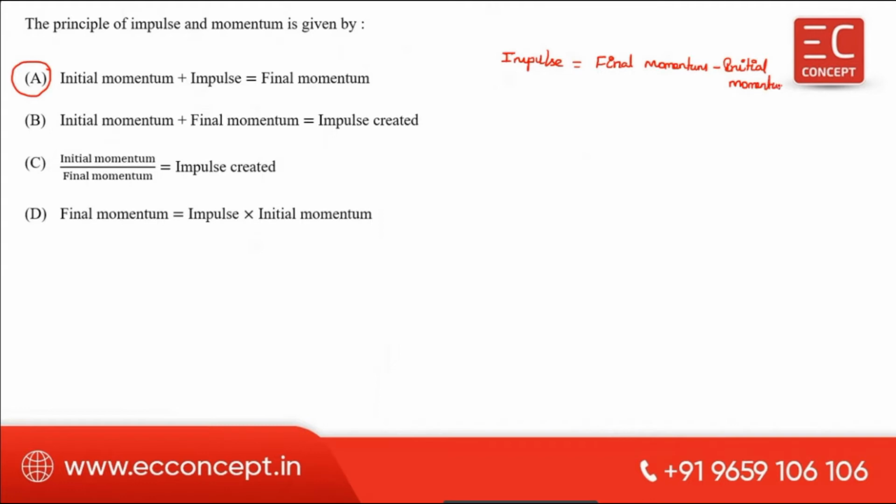So this is the final formula of the impulse. The impulse acting on a particular element is equal to final momentum minus initial momentum. Therefore this is the theorem, so you can take option A as correct.